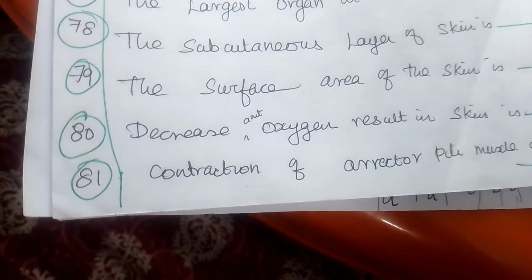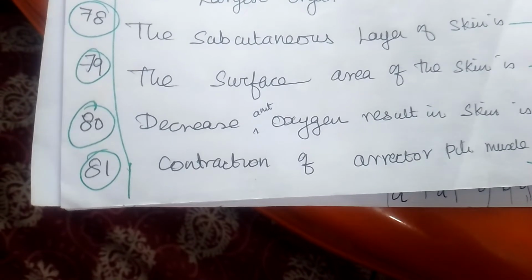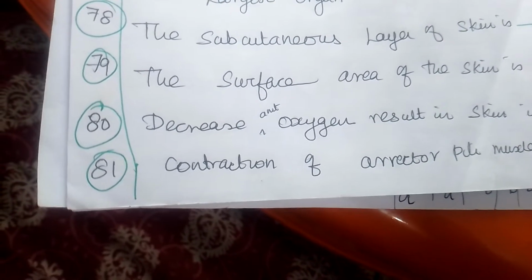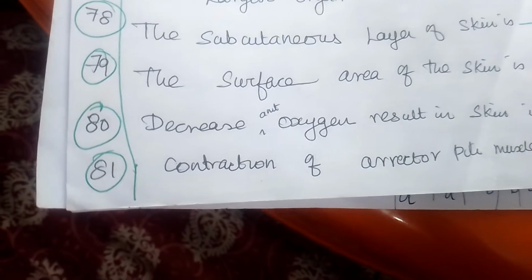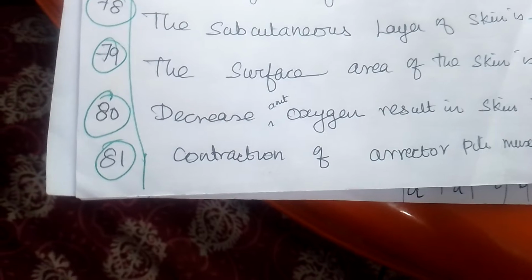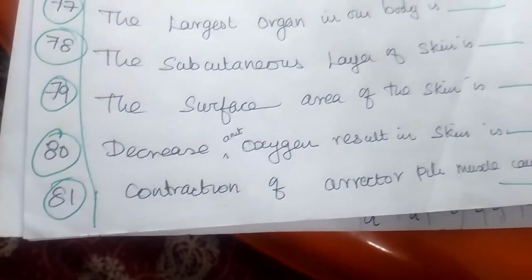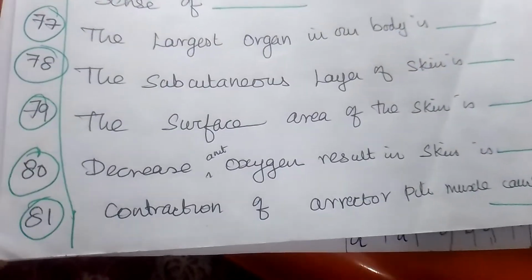Next, decreased amount of oxygen in the skin results in cyanosis. Then contraction of the arrector pili muscle is called goose bumps. Goose bumps are nothing but the hair standing erect.